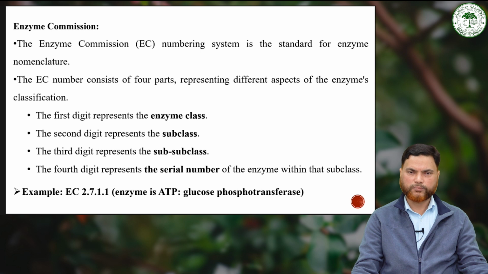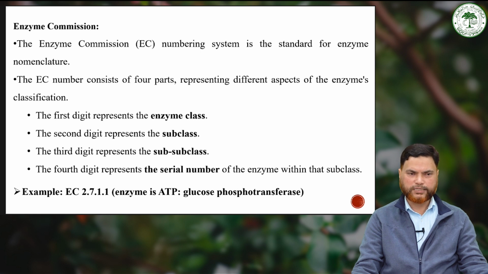The code numbers prefixed by EC, which are now widely used, contain 4 elements separated by points. One example mentioned here is EC 2.7.1.1, and this enzyme is ATP glucose phosphotransferase.